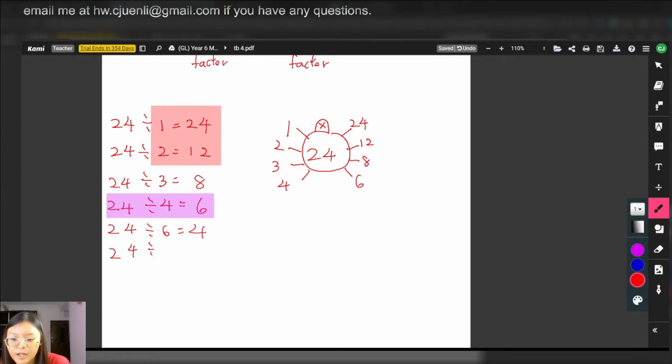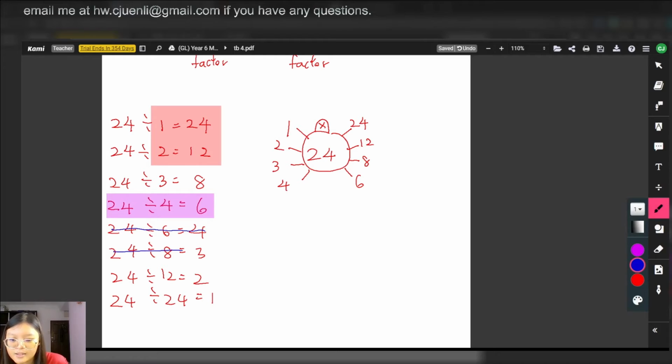24 divided by 8, because 7 you cannot divide, it is 3. And 24 divided by, let's see, 12, it is 2. And 24 divided by 24, sorry, equals 1. So there is no need to write all of this again, right?